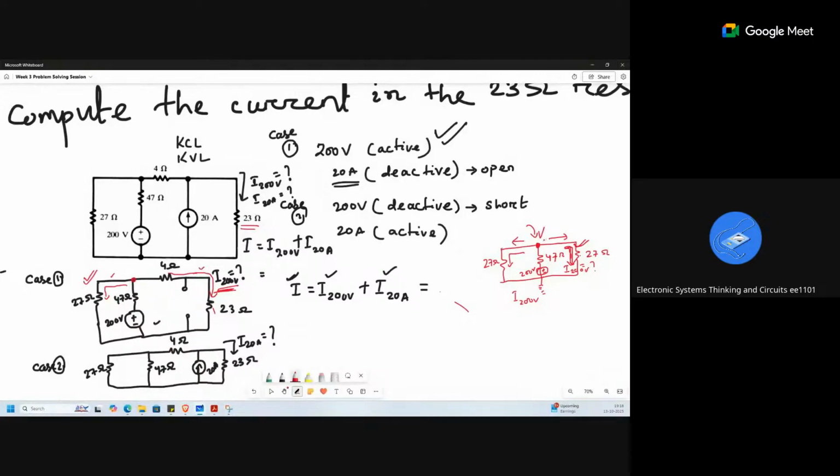So let's consider some voltage Vx appearing here. Apply KCL and tell me what value you are getting. Mathayan, if I apply KCL here, how much are you getting? I am trying to calculate.